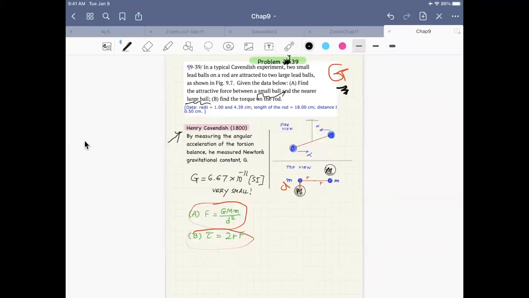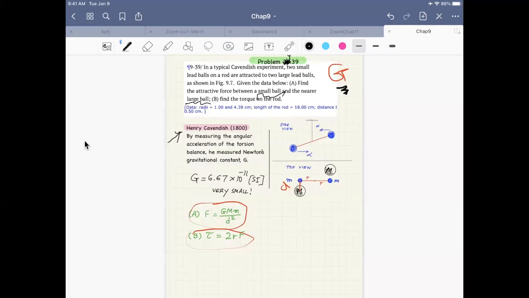So here's a picture of Cavendish's experiment. There were two lead balls attached to a rod, which is suspended from the ceiling, very delicately balanced. That's called a torsion balance.